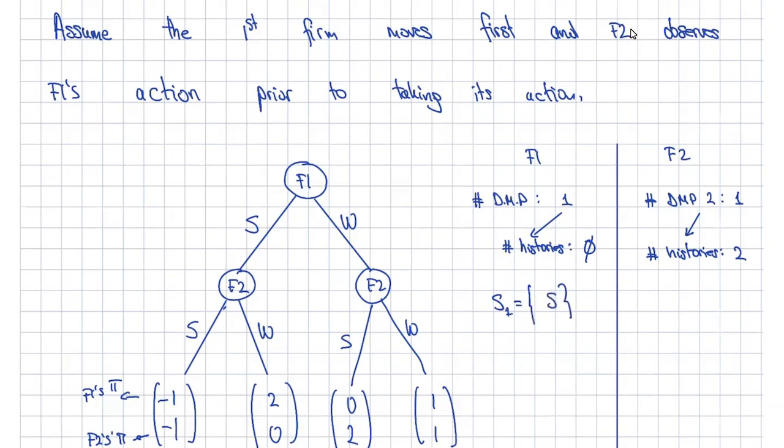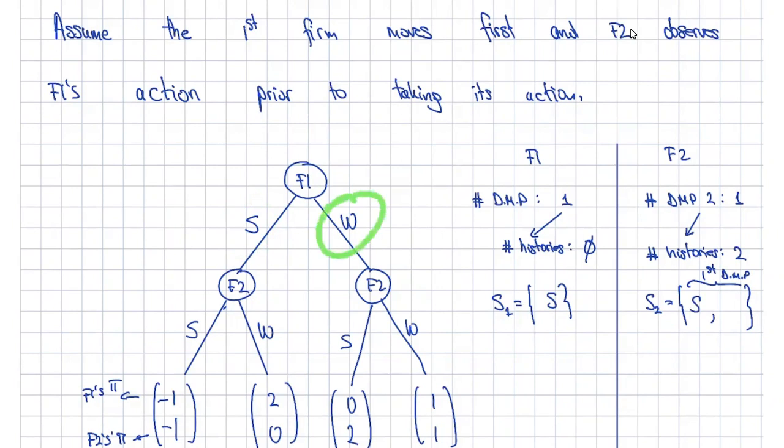But a well-defined strategy for firm 2 would need to assign an action at every decision-making point, but for all possible histories. So in the first and only decision-making point, there are 2 histories. One history could be that strength was observed, in which case, for example, I could play strength.